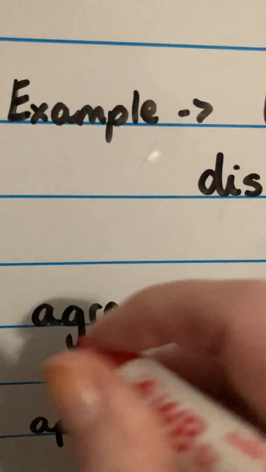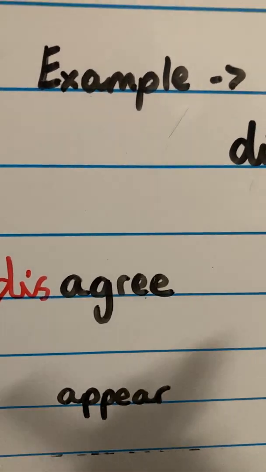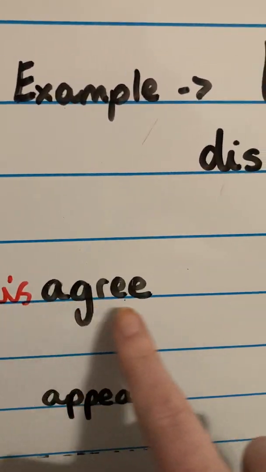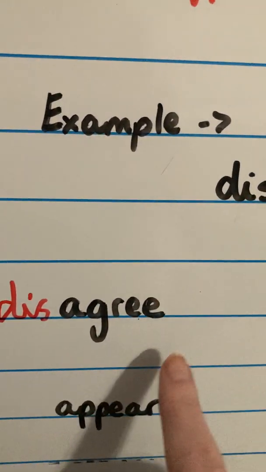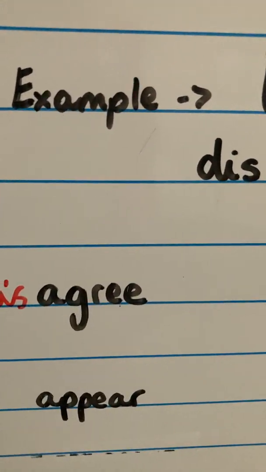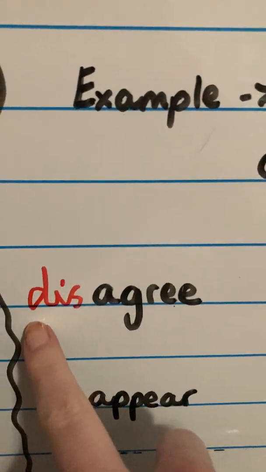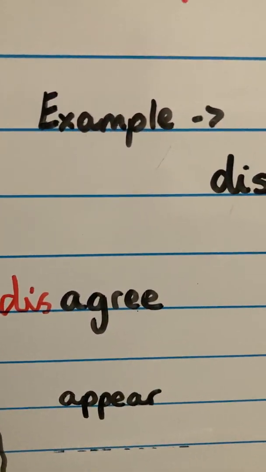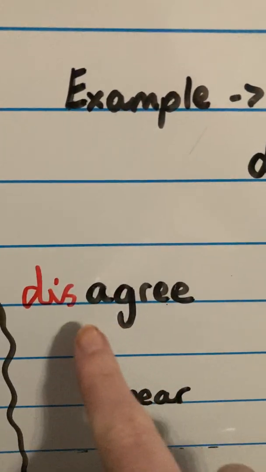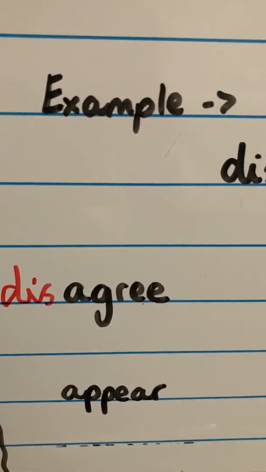So if this is our root word, we're going to add dis as our prefix, and it becomes disagree. So you might agree that oranges are the best fruit in the world, and your friend might disagree and think that bananas are better. So that means that they don't agree with what you think.